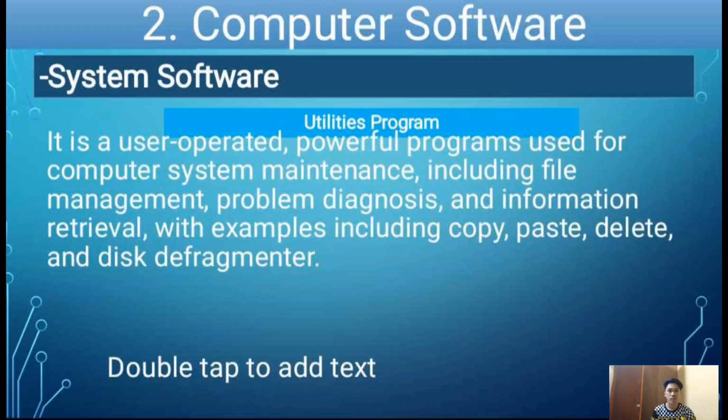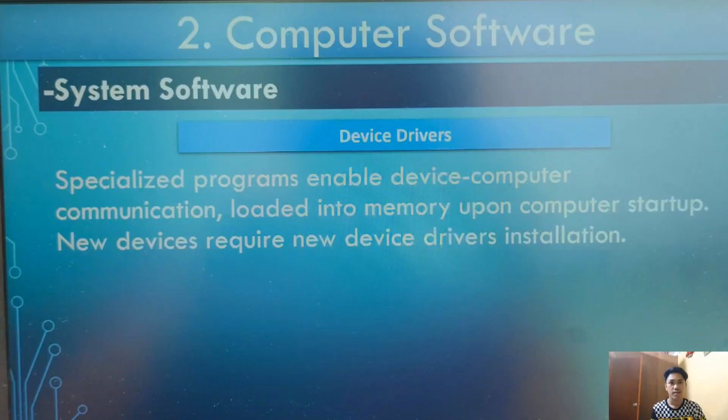Common utility programs include file operations like copy, paste, and delete, as well as system optimization tasks such as disk defragmentation and cleanup. Device drivers. Device drivers are specialized software programs that facilitate communication between a hardware device and the computer's operating system.